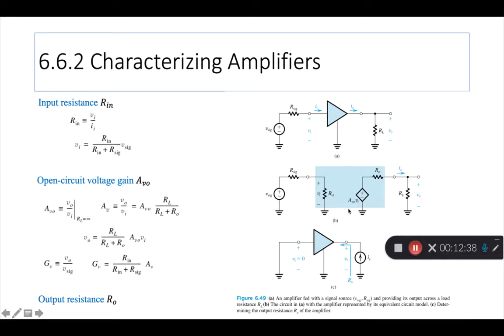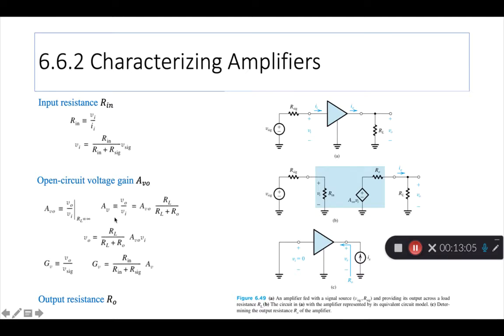So this AVO factor is the open circuit voltage gain. Why? Because if there was nothing here, no RL, then VO would just be this, right? What you measure here would just be that, because there's no current flowing and RL is open. So the open circuit voltage gain AVO is VO by VI with RL equals infinity.